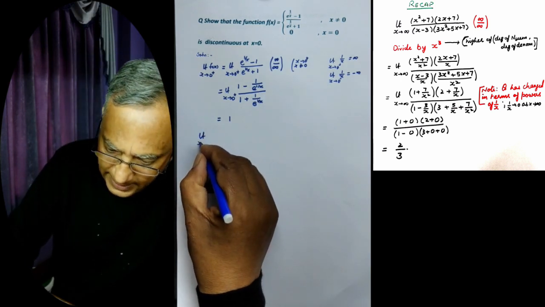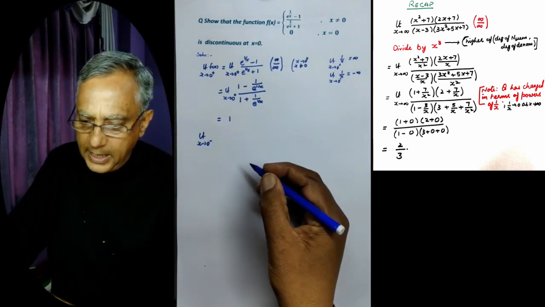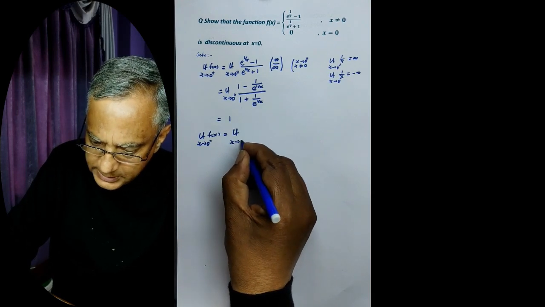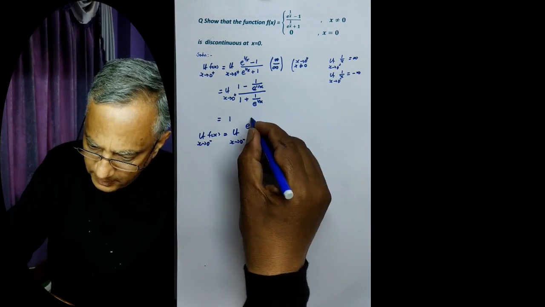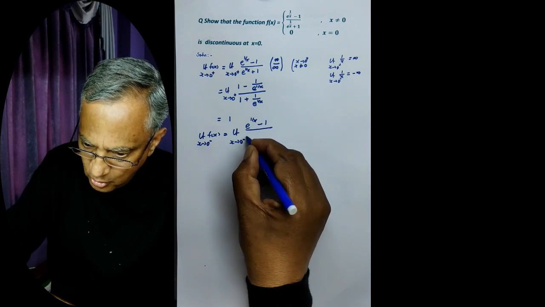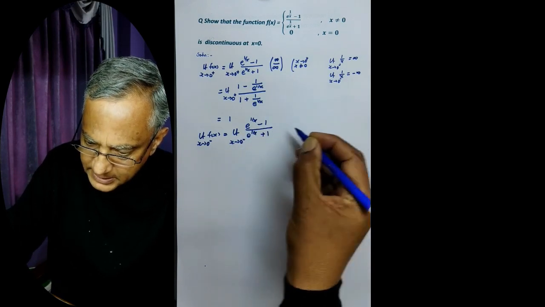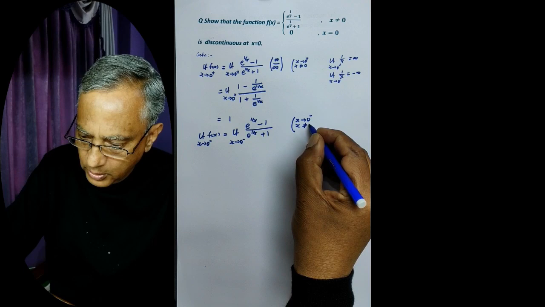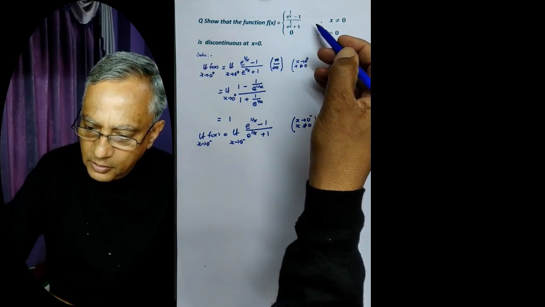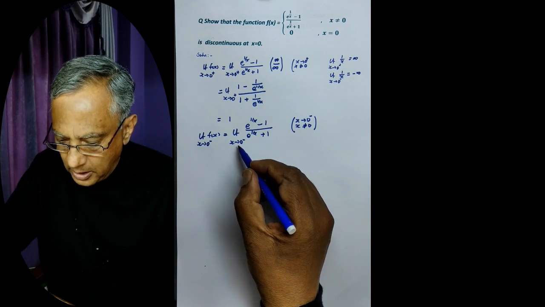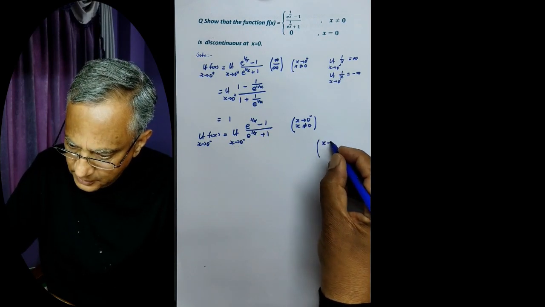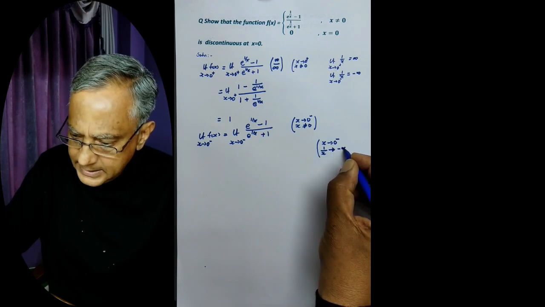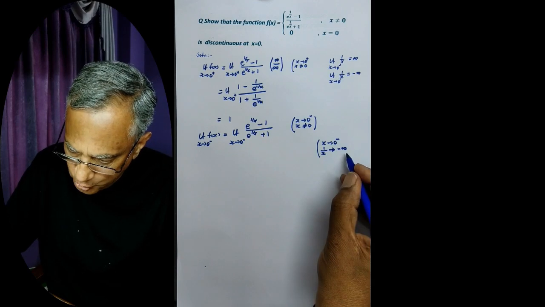And for limit x approaches 0 from negative side, f(x) is equal to limit x approaches 0 from negative side, e to the power of 1 by x minus 1 over e to the power of 1 by x plus 1, because as x approaches 0 from negative side, x is not equal to 0. So this definition will be used. Now as x approaches 0 from negative side, 1 by x approaches minus infinity.